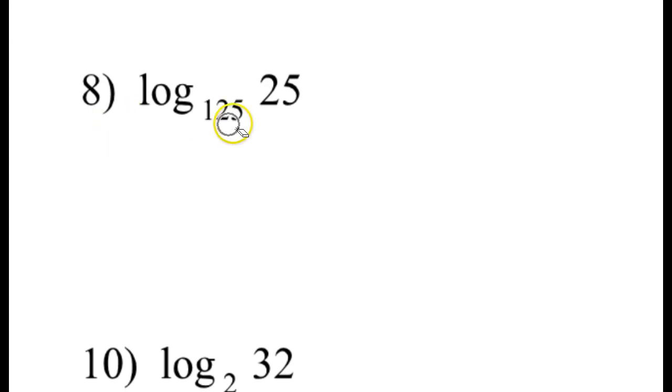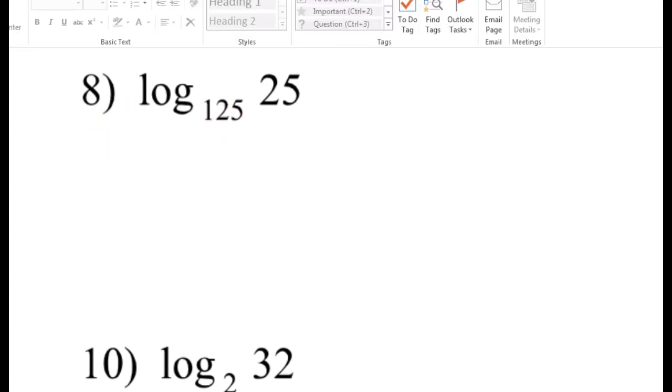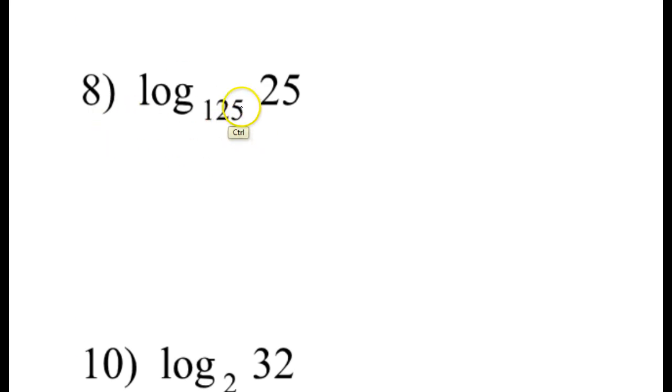All right, number 8 is going to require some different technology. There's no direct answer that will turn 25 into 125 or 125 into 25. 25 squared or anything like that will not turn this into 125.